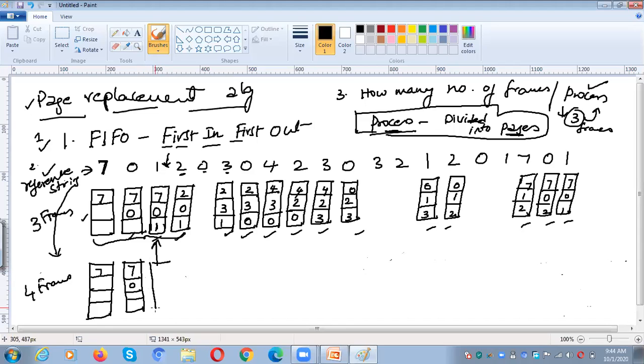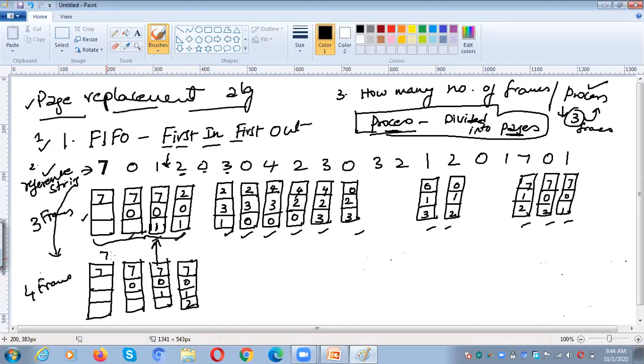Why? Because there is a free frame. Here also we don't run the page replacement algorithm, because a free frame is available. Here also we need not run the page replacement algorithm, because there is a free frame. So after that 0. 0 is already available in the main memory frame, so no need to run the page replacement algorithm.